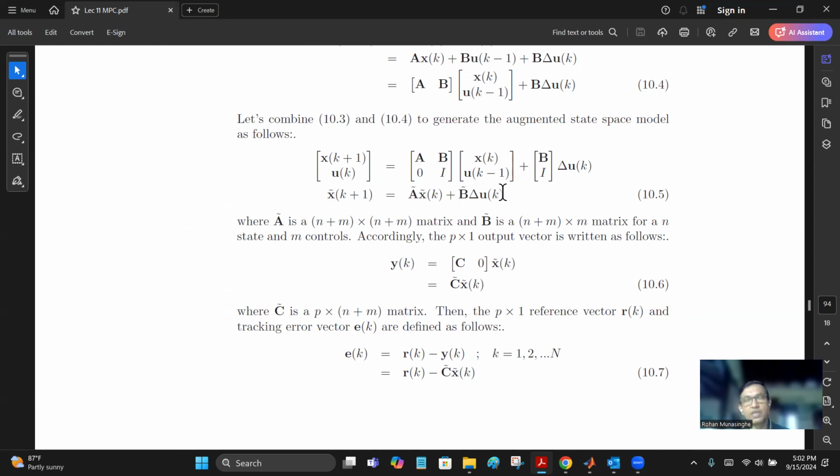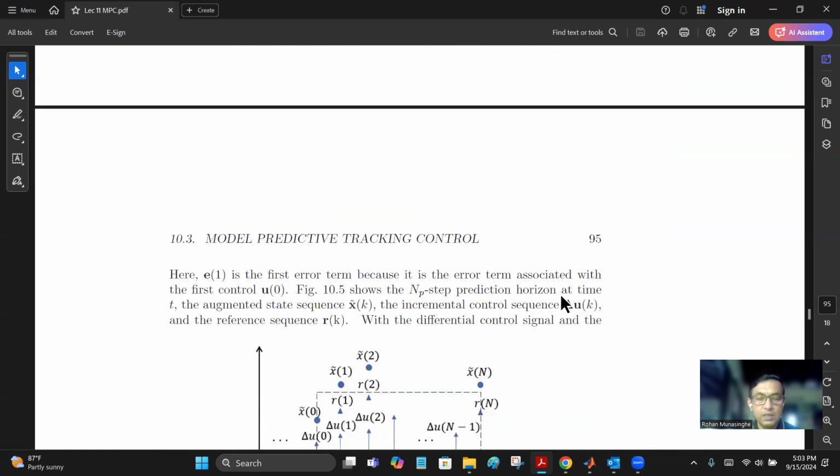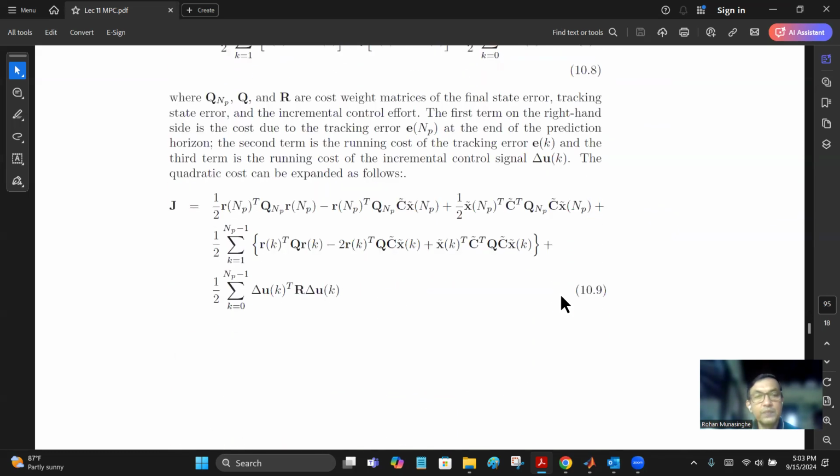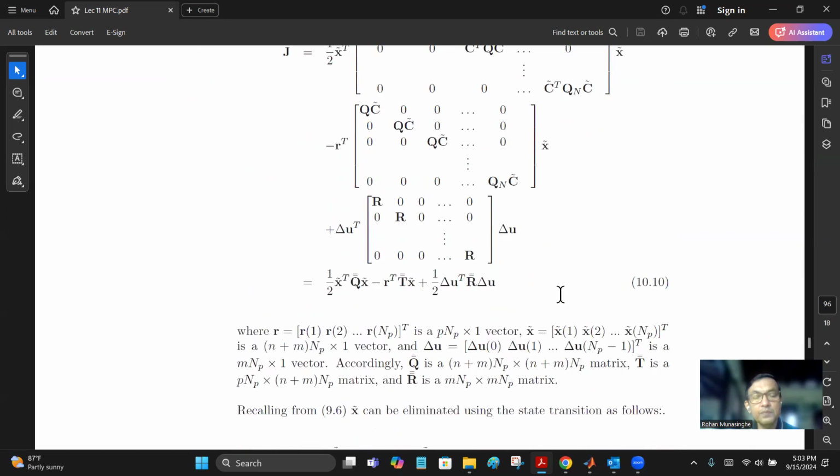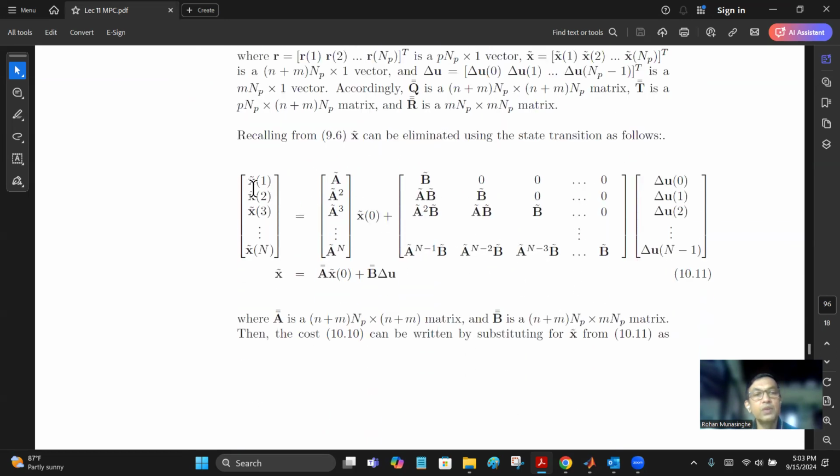If you have this kind of state space model, you can write it down repeatedly for k equals 0 to 1, 1 to 2, 2 to 3, 3 to 4, like that. The same way we did earlier. You can generate these equations. X tilde 1 is equal to a tilde x tilde 0 plus b tilde delta u 0. That is the first equation.